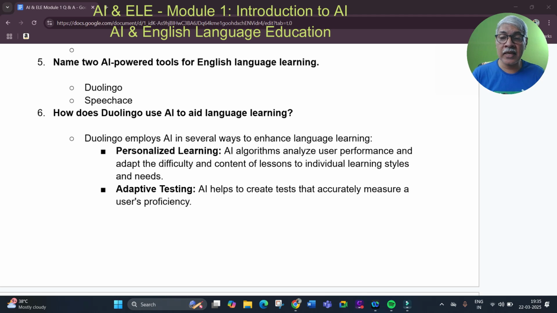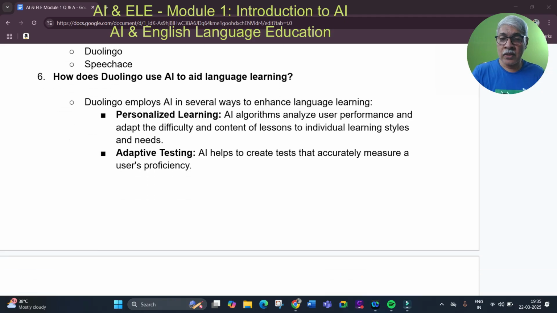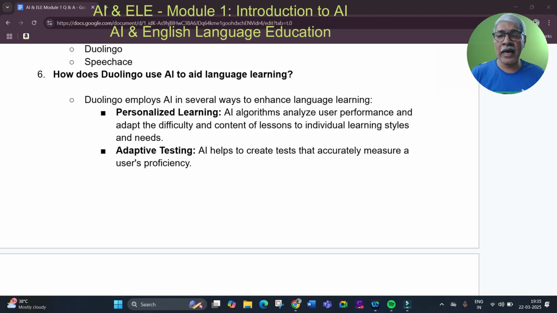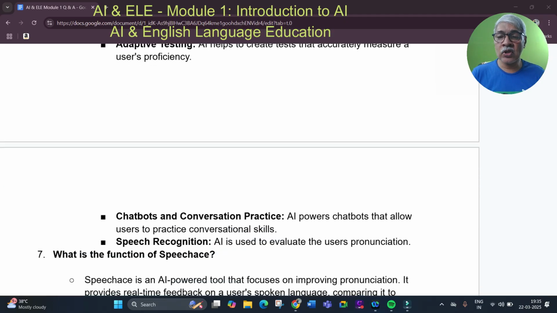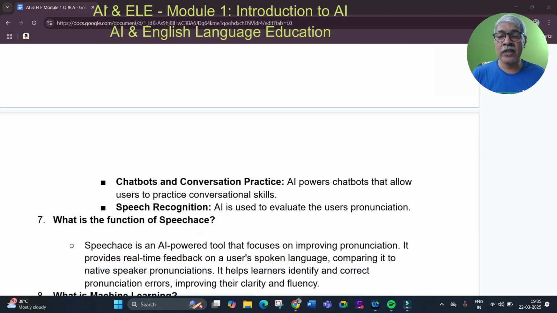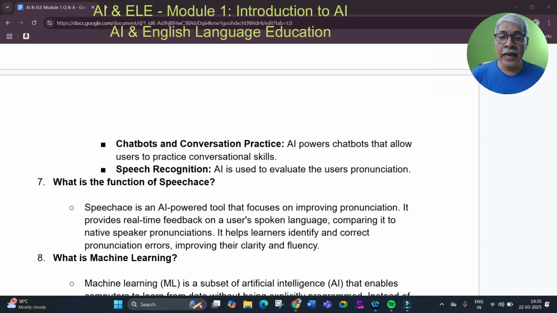So suppose you're a weak learner, based on that it will give you easy questions and thereby help you to improve your correction rates. And once you are able to give solutions well, then it takes you to a higher level. Then it also has chatbots and conversation practice wherein you practice with a chatbot, and it also helps you to understand your pronunciation and to pronounce words well.